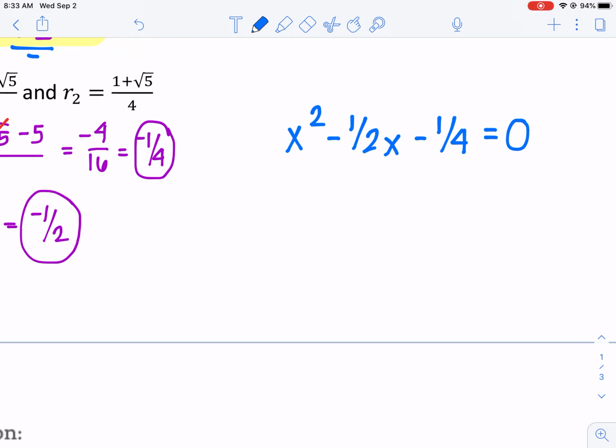Now, normally this would be okay, but in most of the problems we give you, we're asking for integer coefficients. Which means no fractions, no decimals. So if we ask for that, what you would do is multiply everything by the least common denominator.